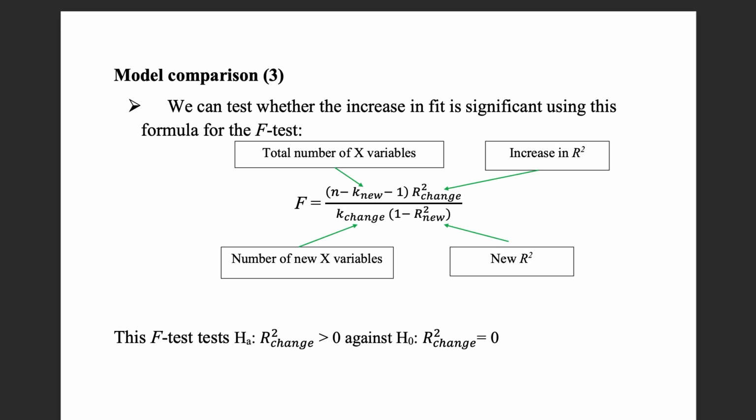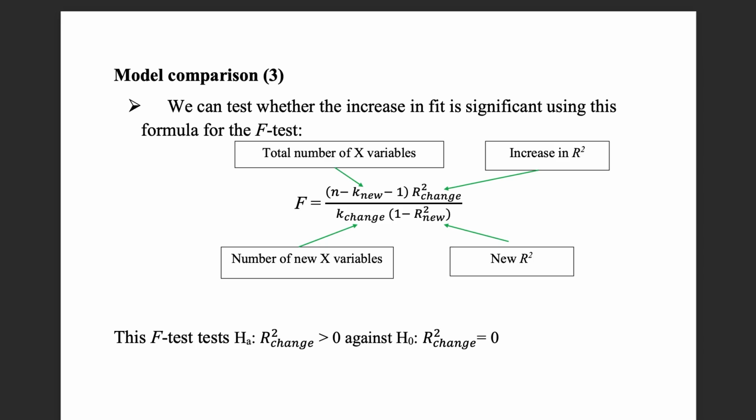We start with the assumption that if we would have estimated this model based on the entire population, and we would have compared that to the more simple model that we could have estimated based on the entire population, then there would be no difference at all in the proportion of explained variance. So the more complicated model wouldn't be any better in explaining variation in our dependent variable than a simple model.